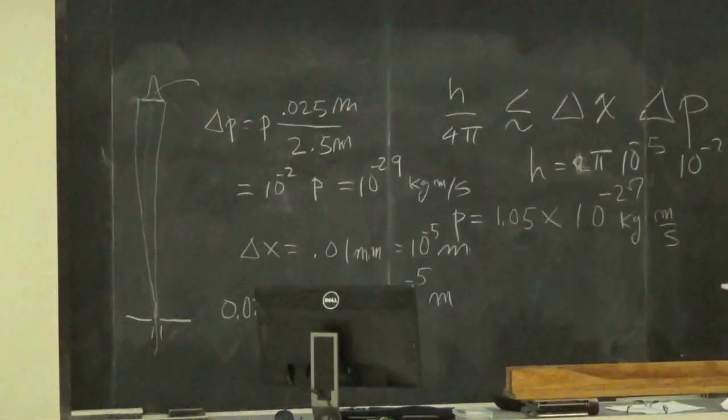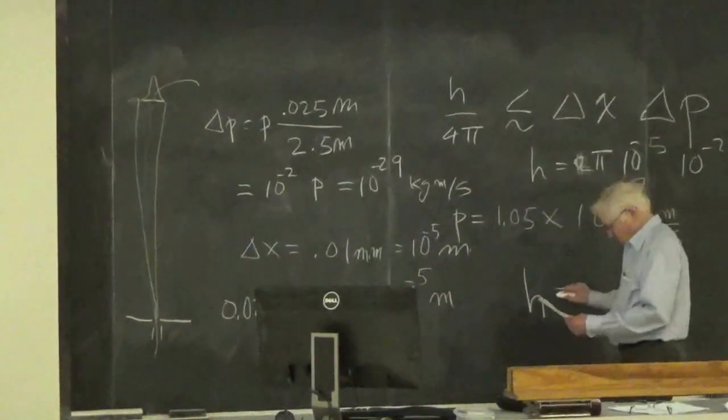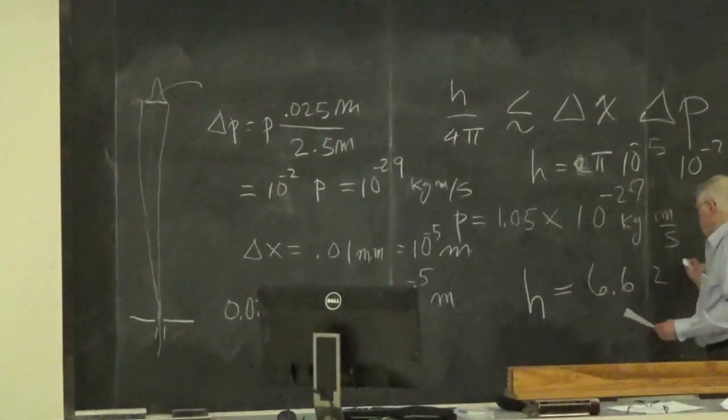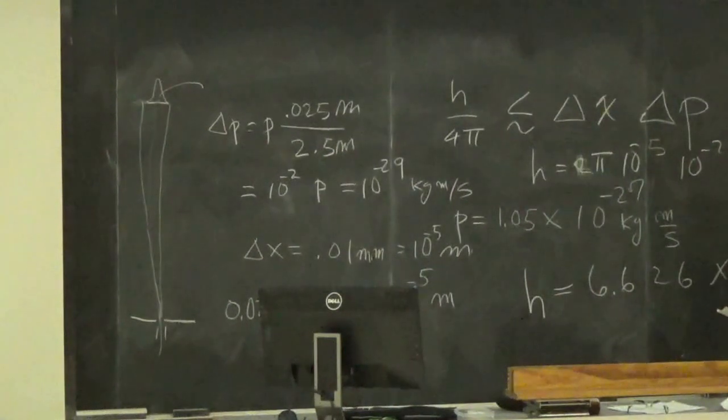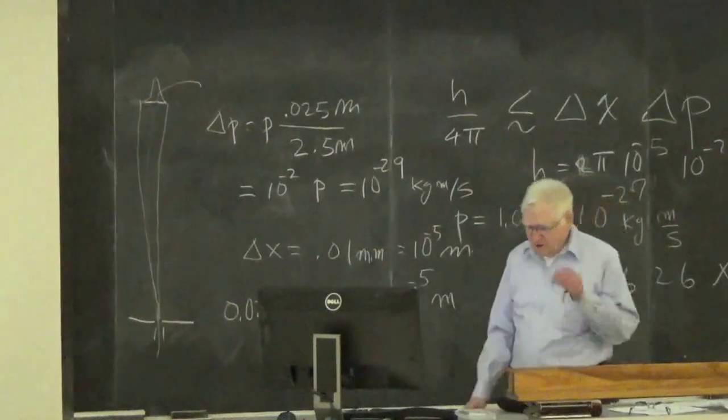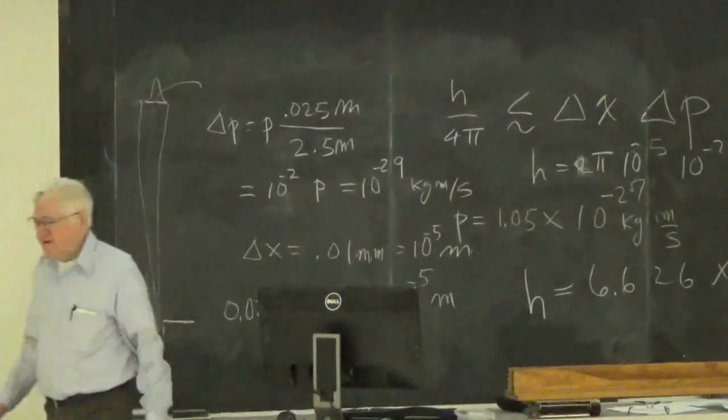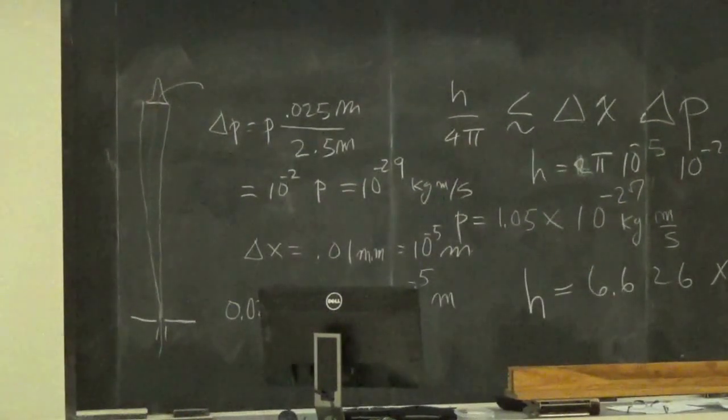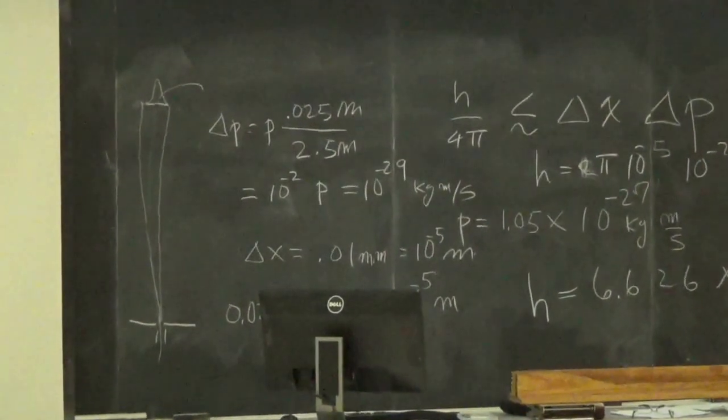The correct answer is that h is equal to 6.626, of course, this is the 4 figures, times 10 to the minus 34, and it's kilogram meters squared per second. So you see, what I said we get last time was a factor of 10. In fact, we get something like 5% error or so, estimating it a little more carefully.